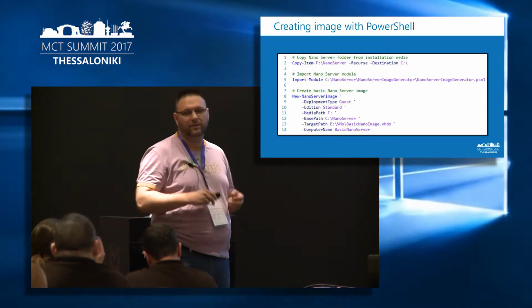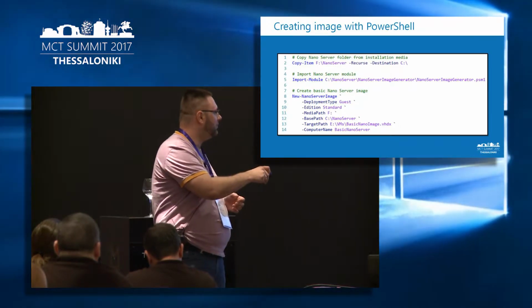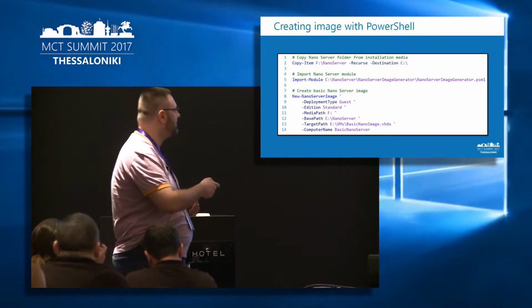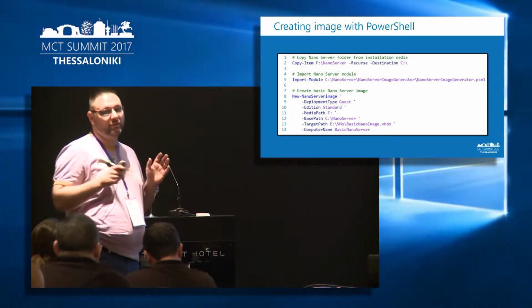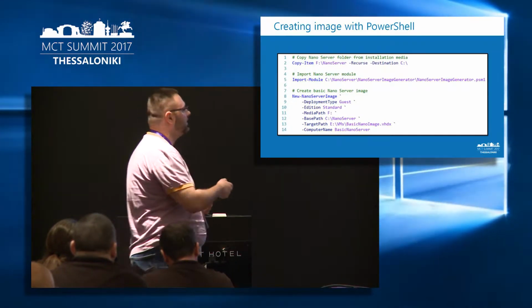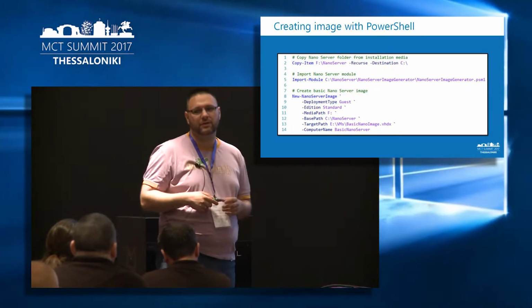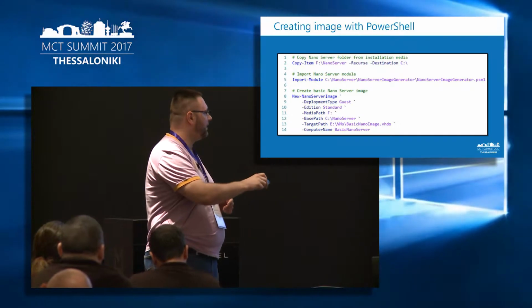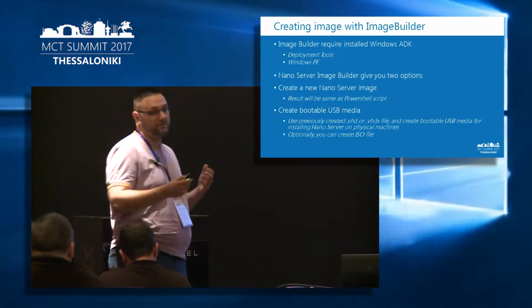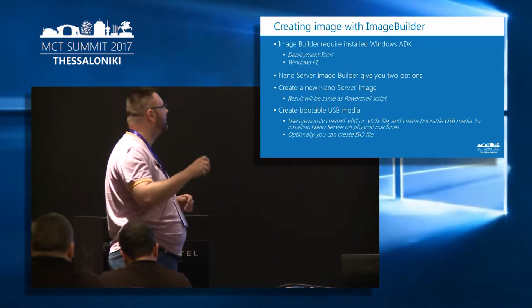Edition, Standard or Datacenter. Media path, where the ISO files are stored. Base path, where you copied Nano Server to the local destination. Target, where you stored the VHDX file. And the name of the computer image. There's the computer name, no image.